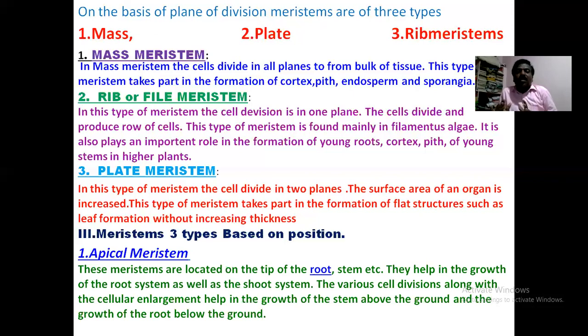The cells grow and elongate from this apical meristem. This type of meristem is commonly found in higher plants.